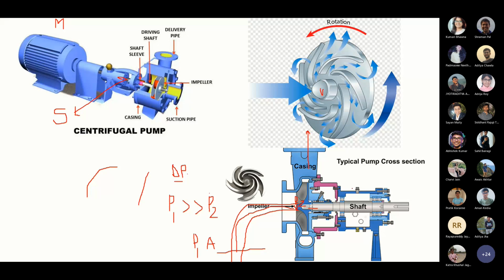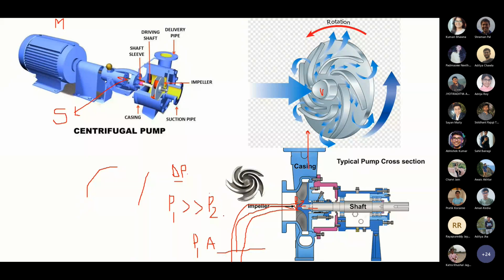So once the impeller rotates, the vacuum pressure generates at the center, and that center is connected to the reservoir of liquid from where we need to pull the liquid. And because of the pressure difference between the 2 points, the fluid will flow from high pressure to the low pressure.